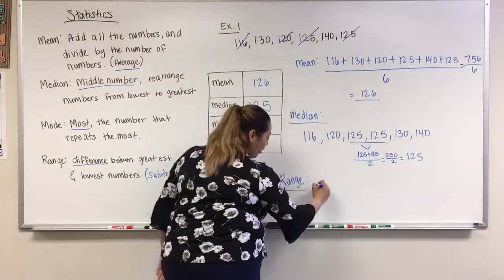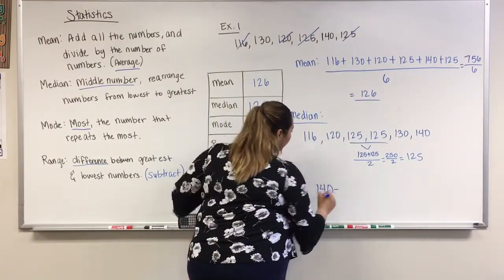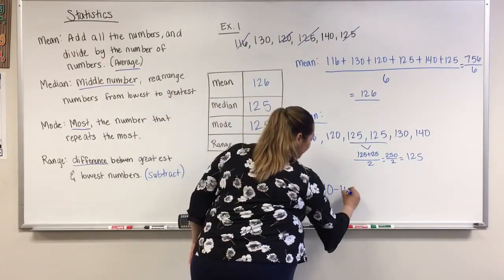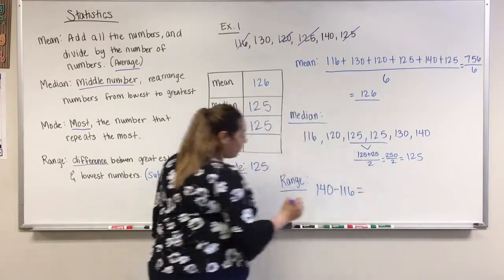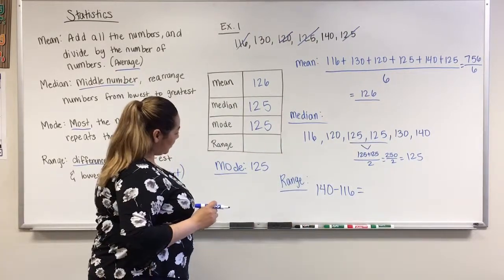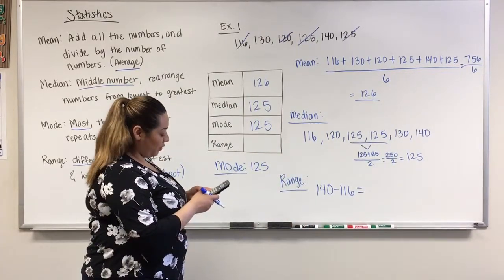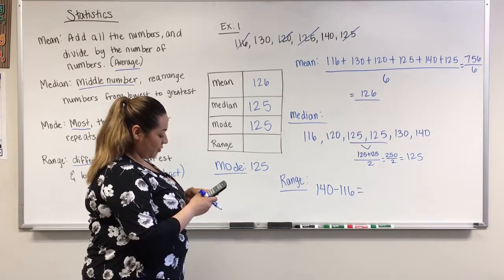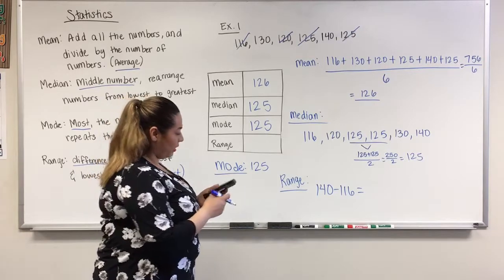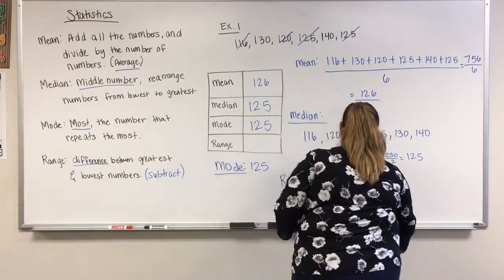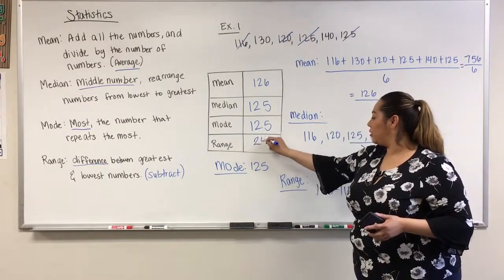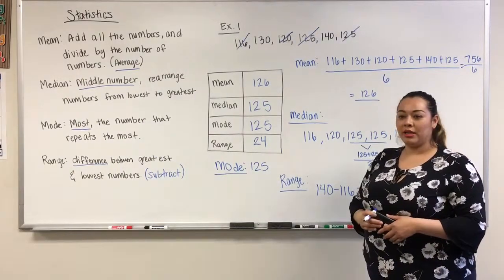So we're going to say 140 minus the lowest one, which is 116. What is 140 minus 116? I believe it's 24. Let me make sure. It is 24. So the range is 24.